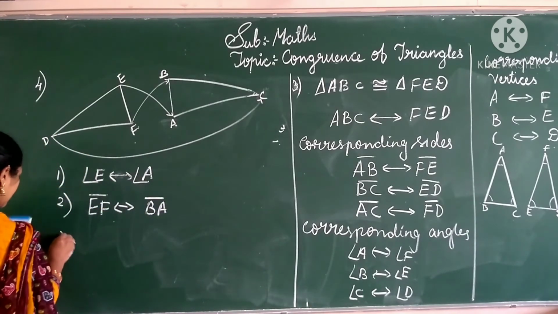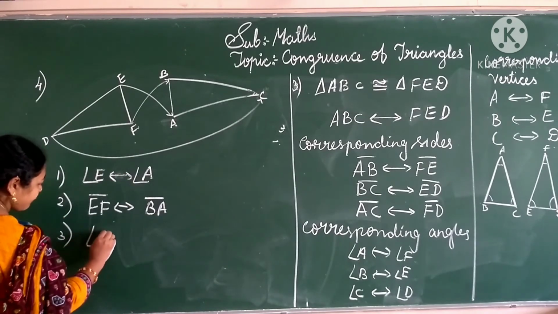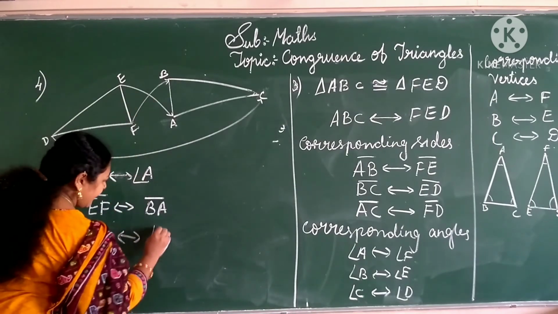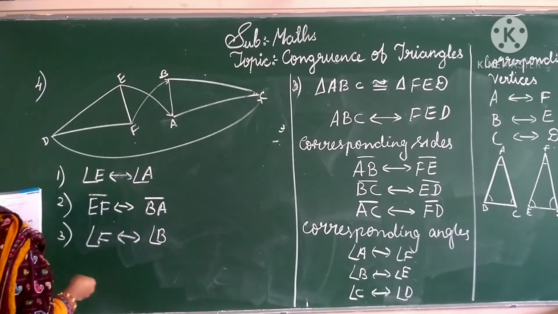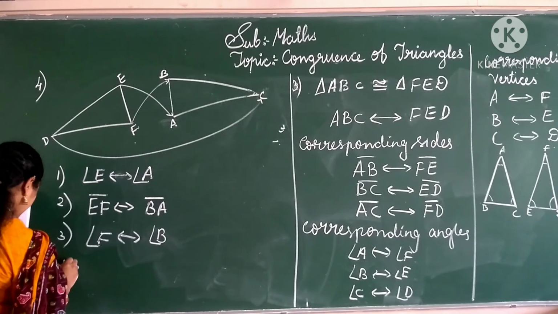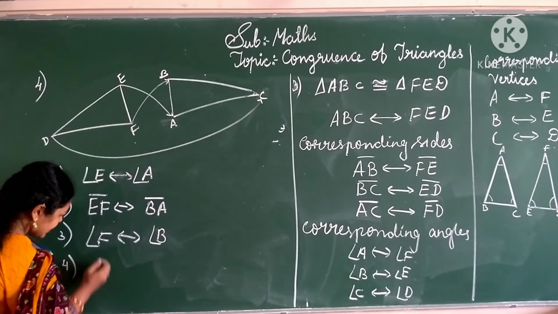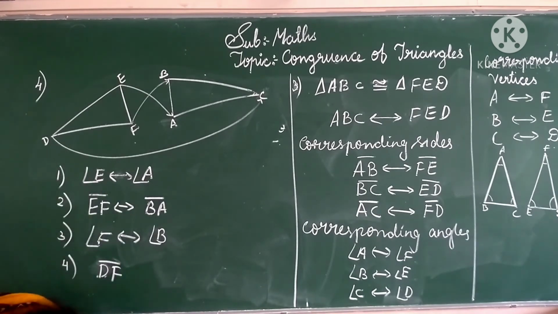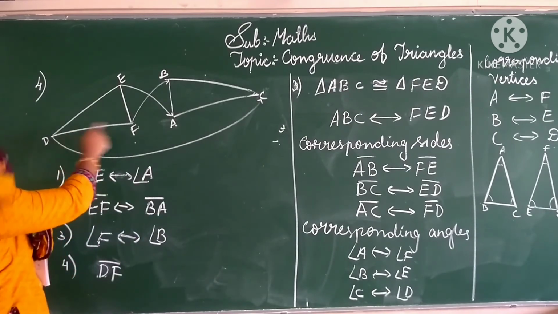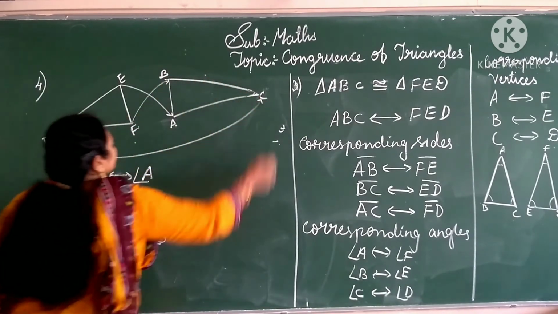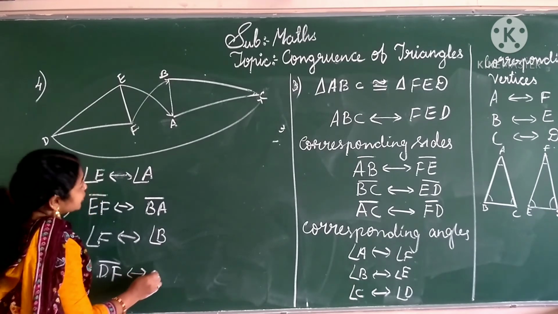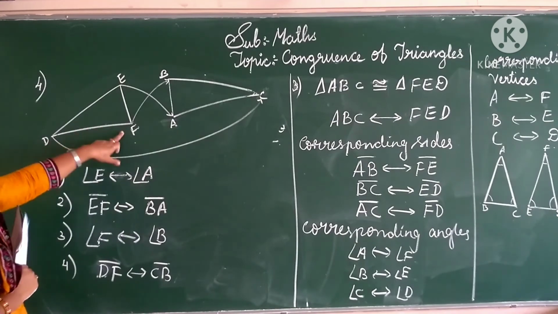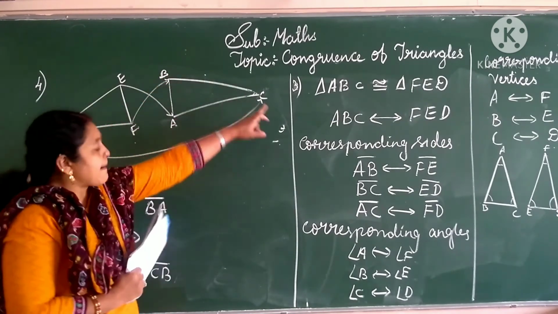The third one, angle F. Angle F is correspondent to angle B. The last one, fourth one, line segment DF. This DF is congruent to CB. Line segment DF is congruent to line segment BC.